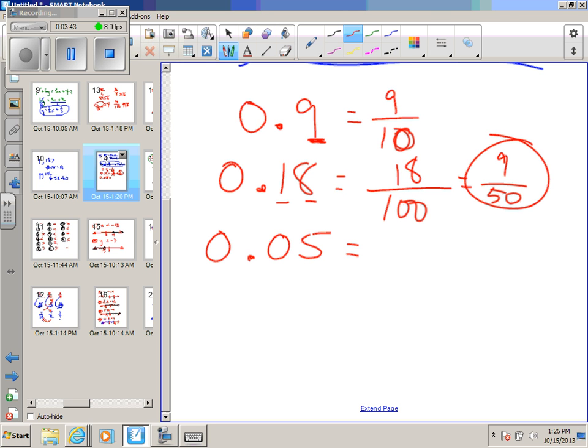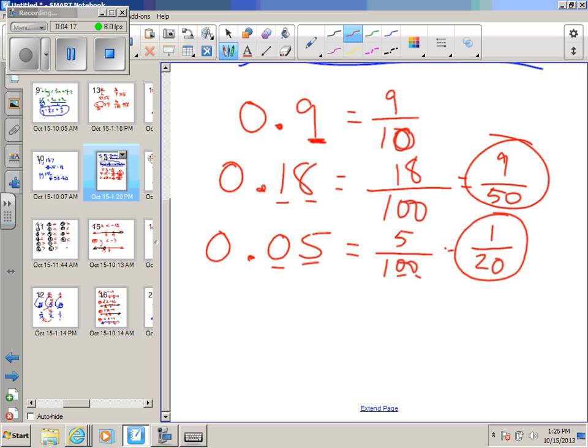How would I write that as a fraction, Josiah? 5 over 100, which would become in simplest form, since they both have 5 in common, 5 divided by 5, 1 and 20. Okay? 2 places after the decimal means 2 zeros in your denominator. Okay? It's a good place to start.